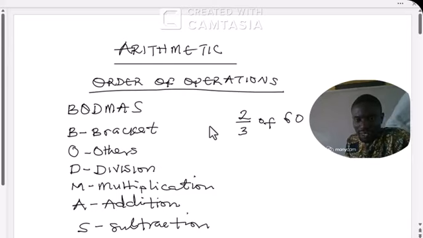In the real sense, it's going to be 2/3 times 60/1 if you want to work it out. So all other operations, apart from division, multiplication, addition, and subtraction, are under orders. Immediately after you have removed the bracket, you check if there are other operations there. You take care of them before you continue.